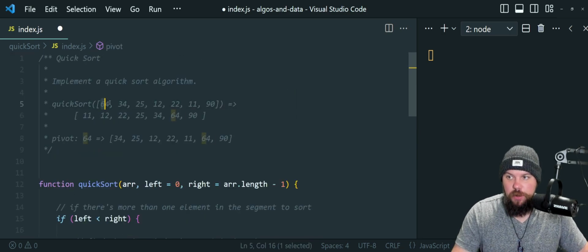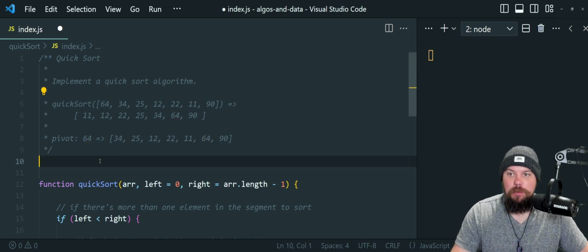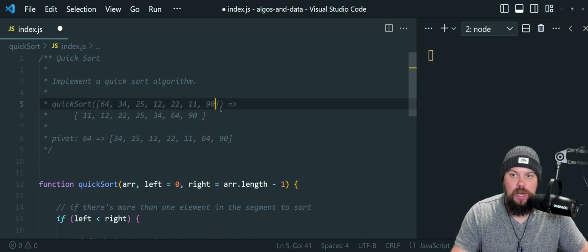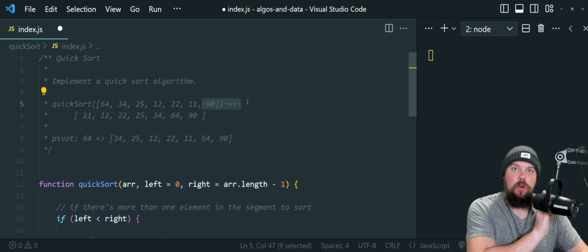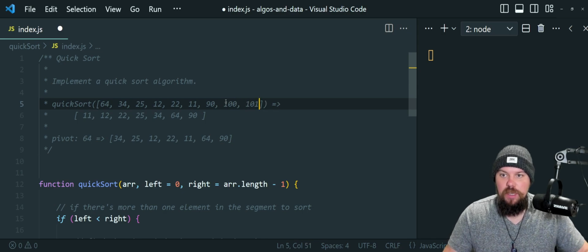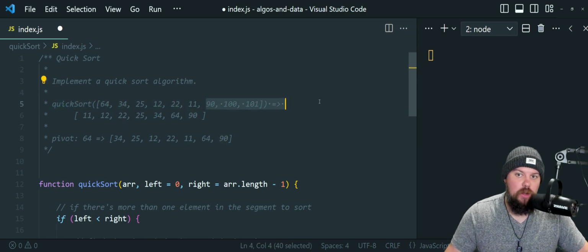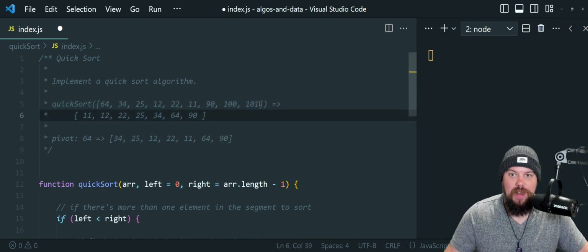So the 0 will come from this 64, this 0th index position on the left-hand side, and will continue to be whatever, probably 0 as we keep looping through this. But it would be like 7 or 8 or 9 on this hand side if there were more numbers on this array. Like again, if there were more numbers to be sorted here, then after that initial pivot where 64 winds up in here, then the start position will be 90 and onwards as our start, which is why we have to keep that in track.